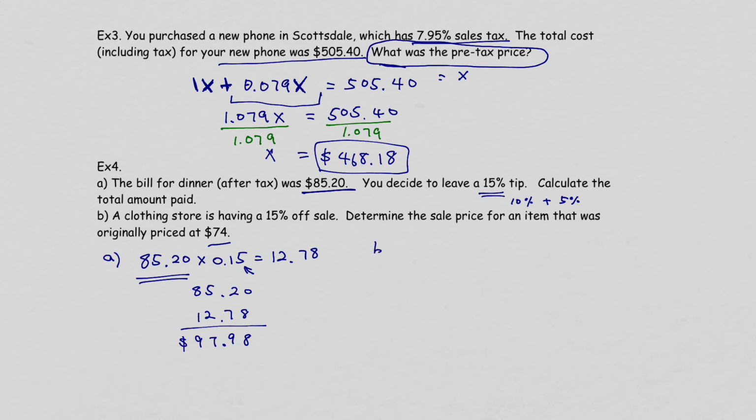Okay, so we wanted to try B. This time the clothing store is having a 15% off sale. So even going into the cashier, I wanted to know how much I'm going to pay. I will do the same thing here, right? Without the calculator.